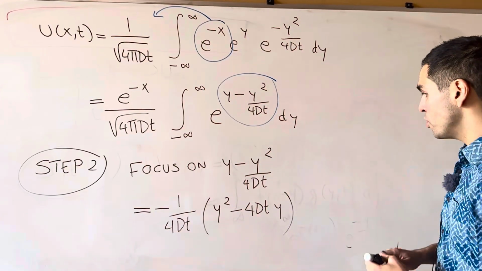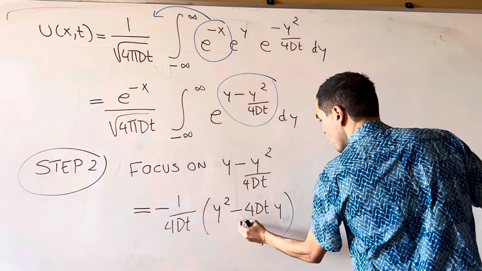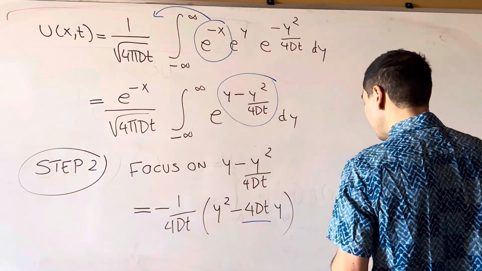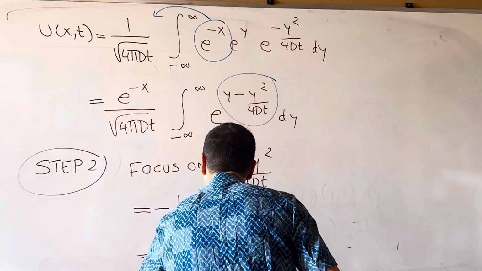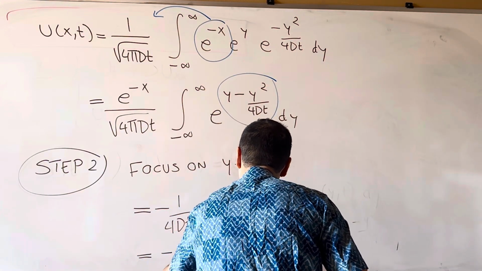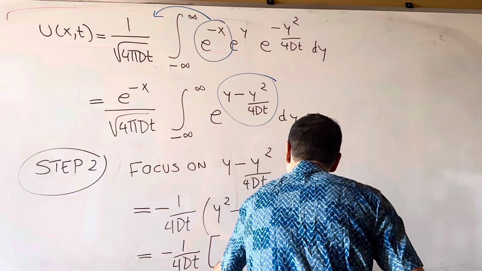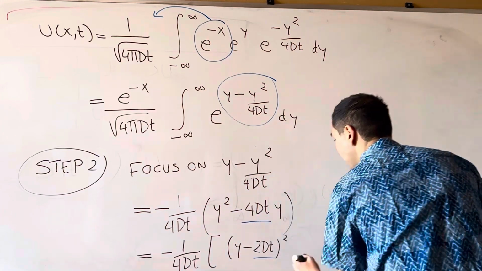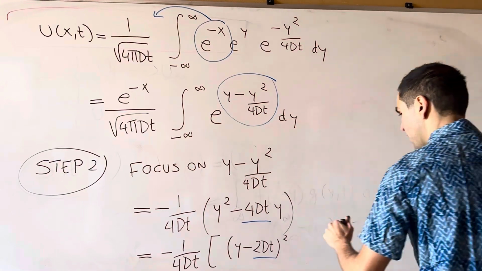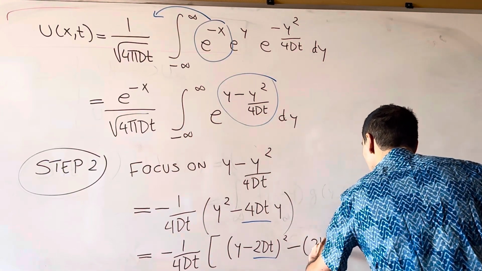And remember how to complete the square. So we need to subtract half of that. So that becomes -1/(4dt) times (y - 2dt)^2. So half of that, and then you subtract the square of that, so minus (2dt)^2.